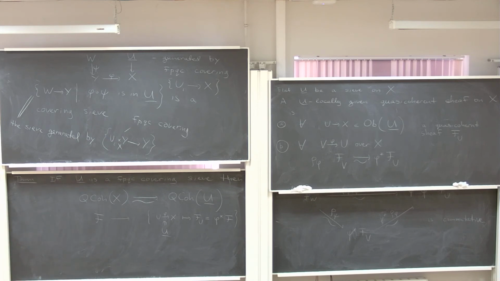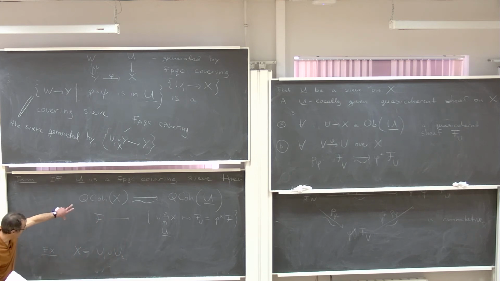Well, here is a baby example, the first example of this. Imagine that you have a scheme X, and U is generated by a Zariski open covering. Say U is generated by two open subsets. So X is the union of U1 and U2.